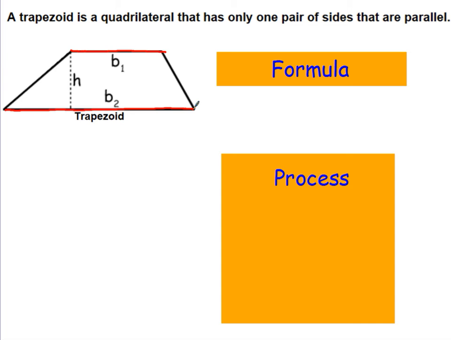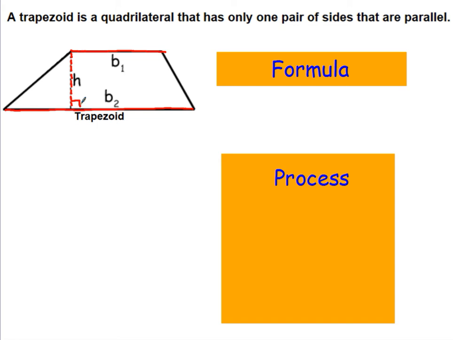Then remember, height, just like in a parallelogram or a triangle, height is going to be when you draw a vertical line straight down between base 1 and base 2. It doesn't matter where you measure that at because the height is going to be the same no matter what part of the bases you connect.